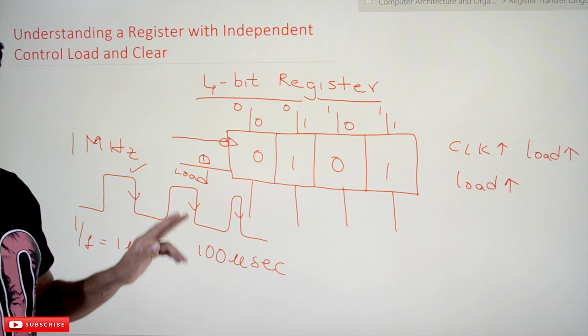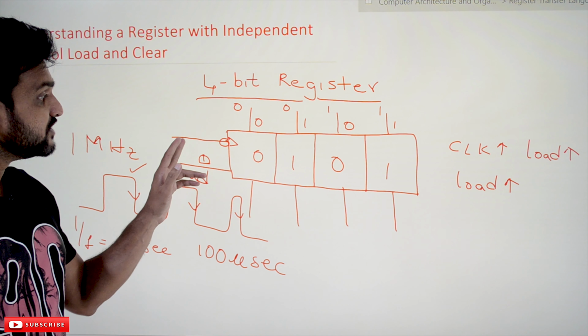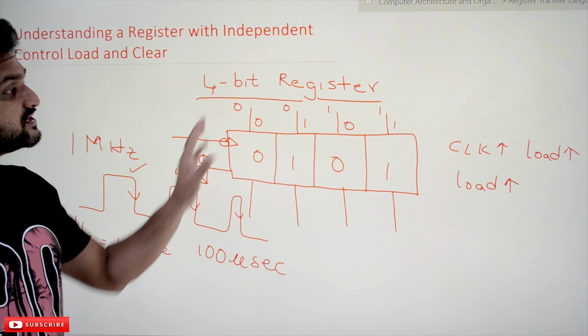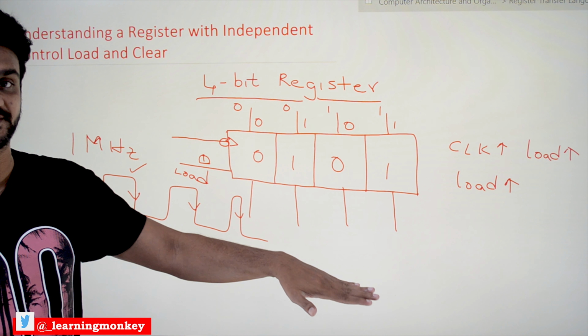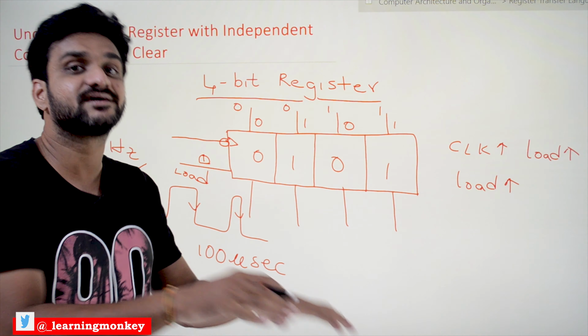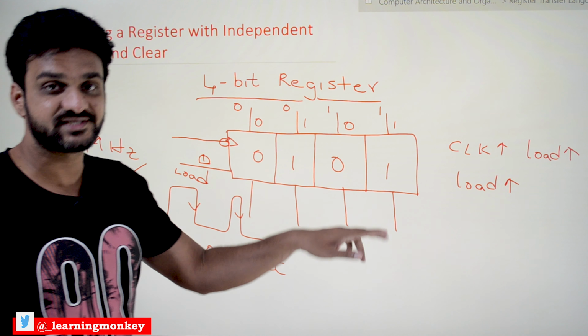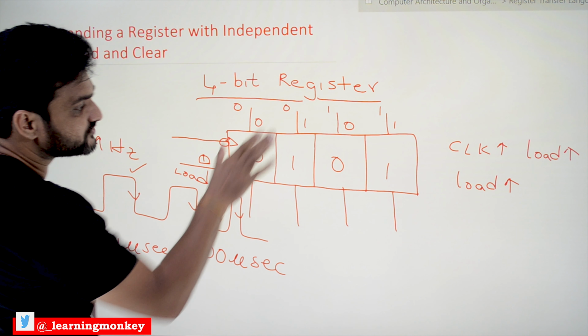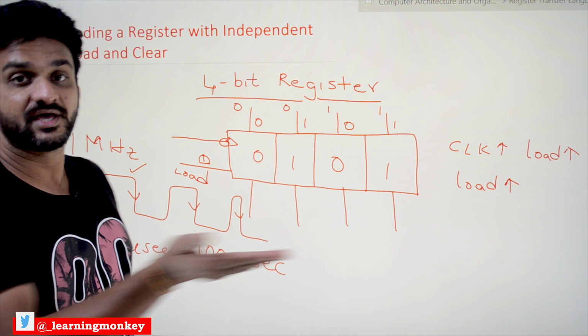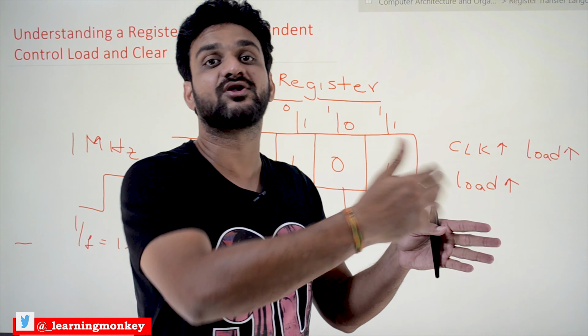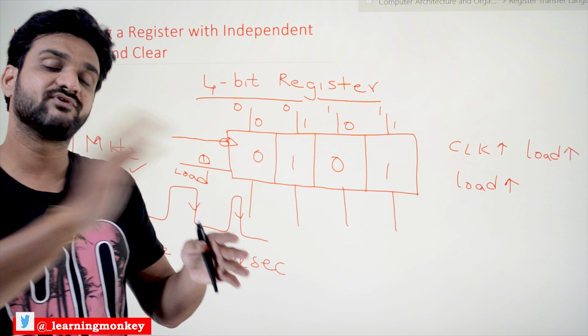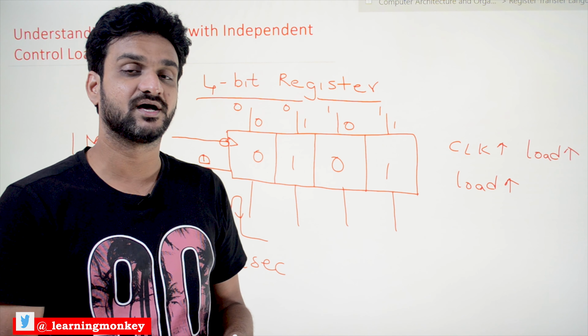Whenever the load is 1, if it is a synchronous register, only when the load and clock are both 1 will the input values get loaded onto the register. If it is an asynchronous register, whenever the load is 1, the values will get stored. How the control will be generated after a certain period of time, we will understand in later classes.